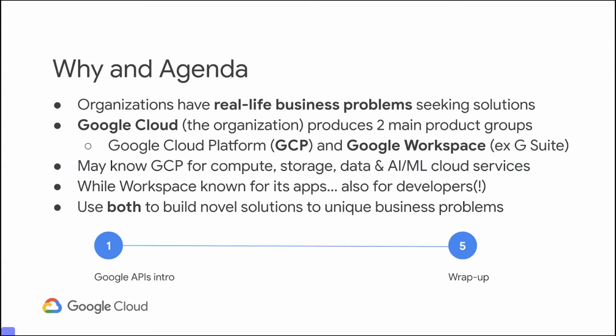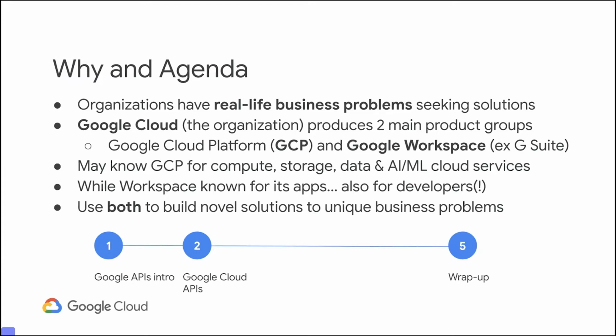So there's 5 parts to today's agenda. I'm going to give you an introduction to Google APIs. This is leaning towards developers, but if you're a technical manager, or a CIO, CTO, this is also useful for you as well. In between, from the beginning intro all the way to wrapping up, I will dive into how to use Google Cloud APIs more specifically.